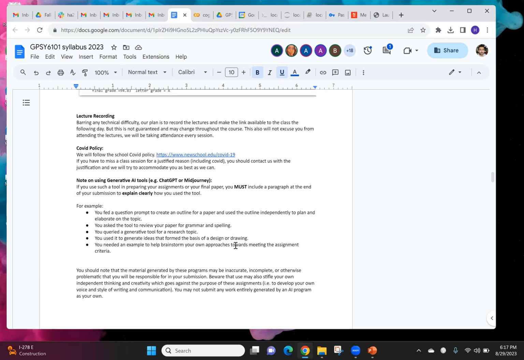COVID policy will follow whatever the school wants us to follow. An important new topic that we have to discuss and be part of our syllabus is the use of generative AI tools that we've all heard of. And again, the school policy is that the unauthorized use of these tools is prohibited. It's very clear.